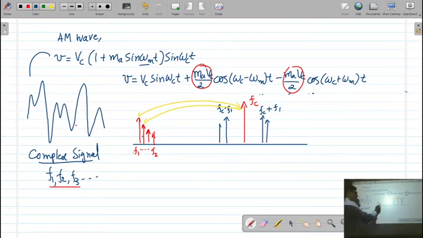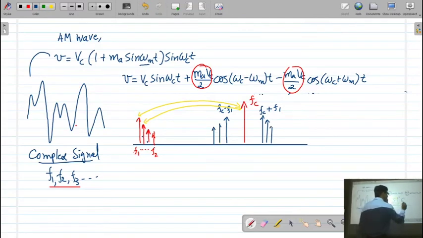Then the third frequency will also be modulated with the carrier frequency Fc and produce two more sideband frequencies here and here.